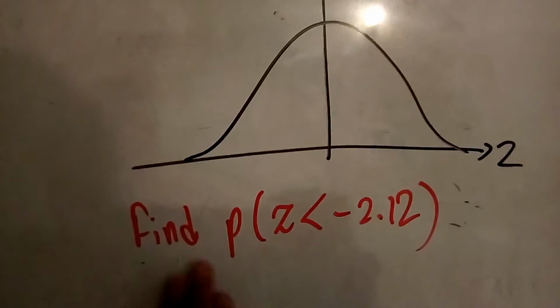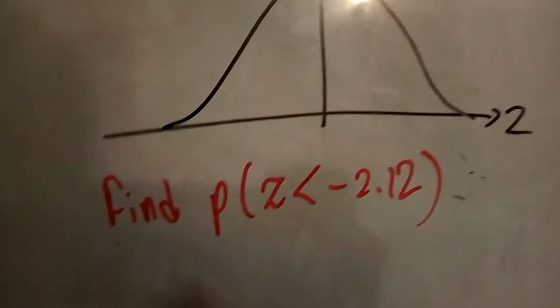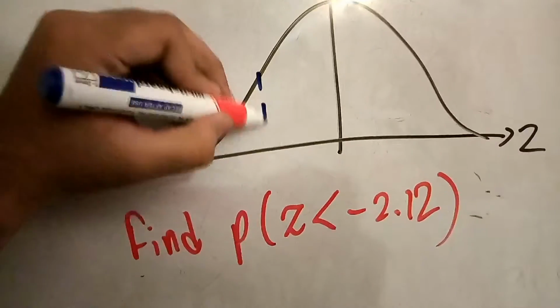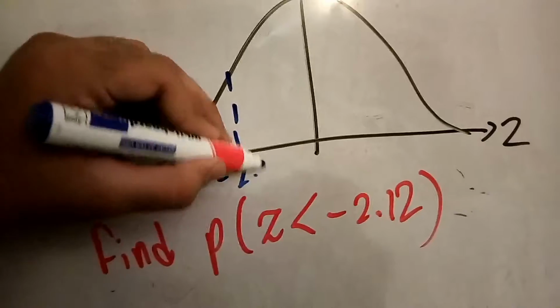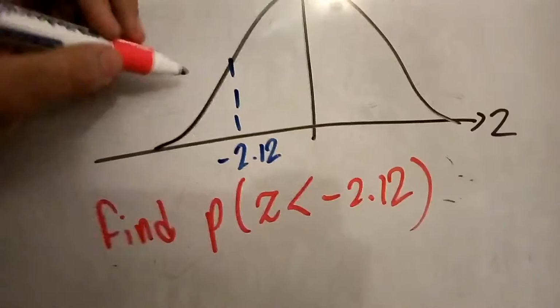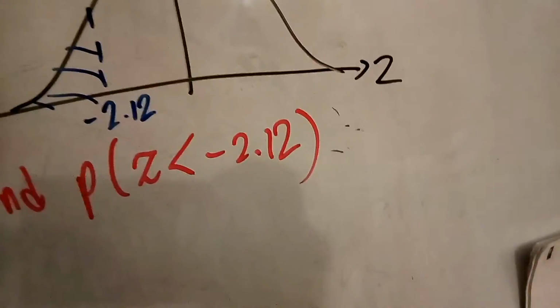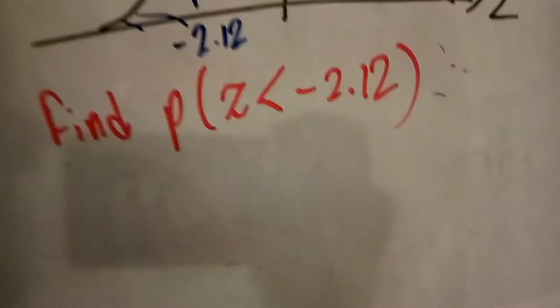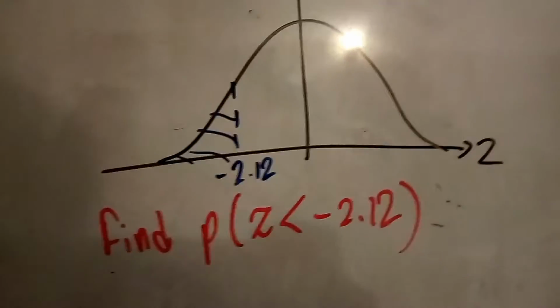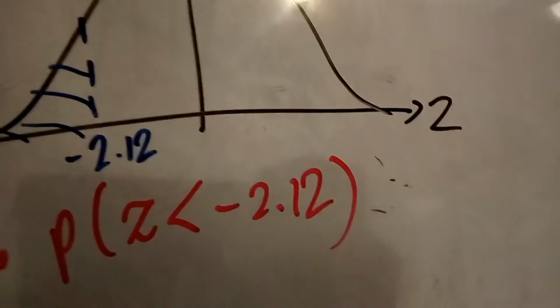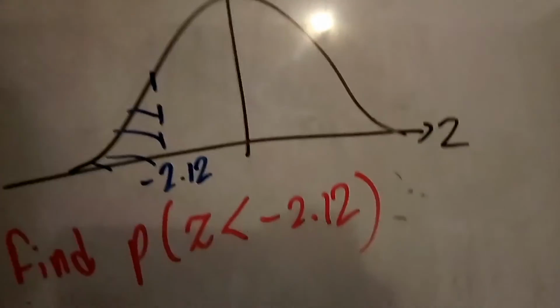So this problem says find the probability of z being less than minus 2.12. So if this is minus 2.12, they are asking you to figure this area out. Now the table on page number 201 only has positive values. So in that case, which I forgot to mention, this curve is completely symmetrical.